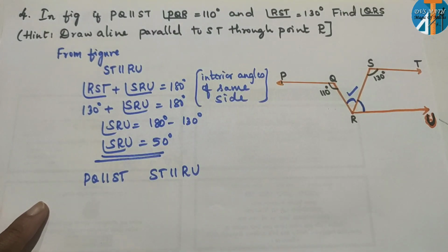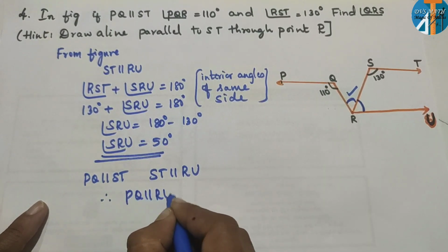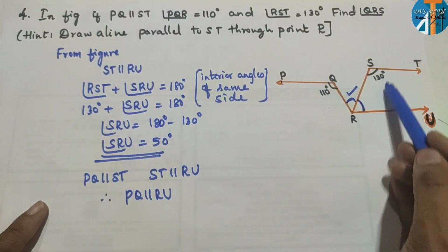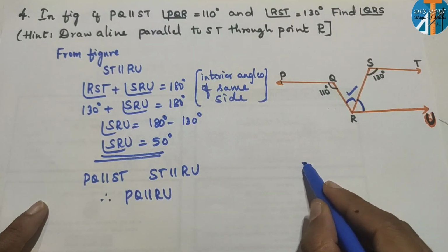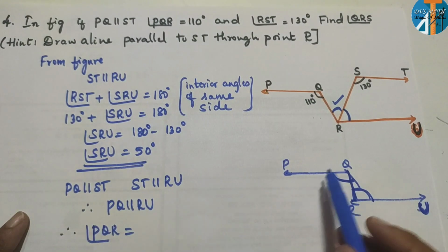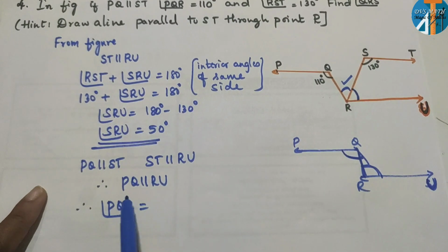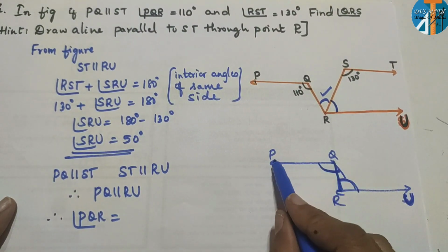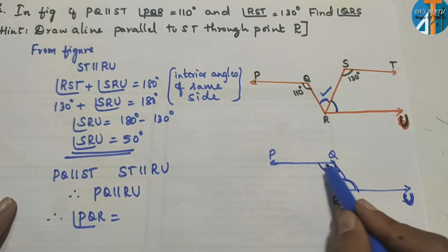Therefore, PQ is parallel to RU. So now, as we wrote PQ is parallel to RU, QR is a transversal. Then PQR and QRU are alternate interior angles.